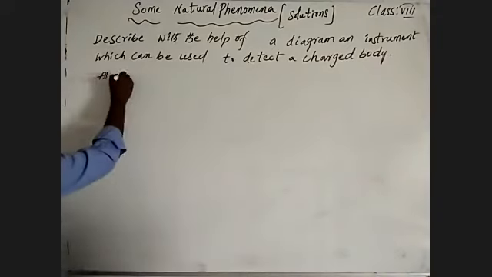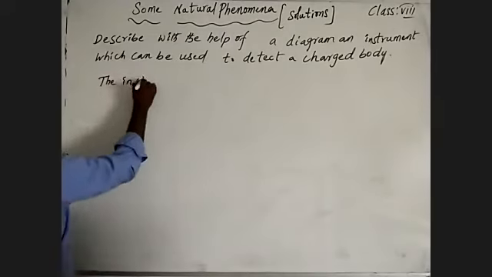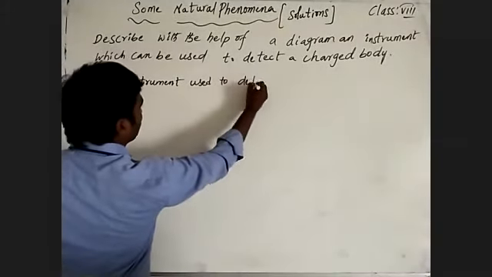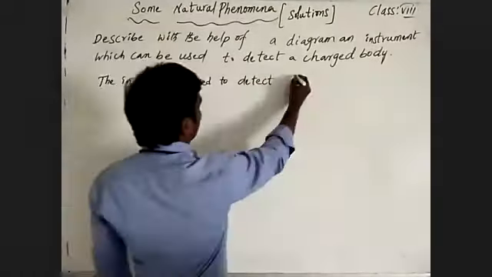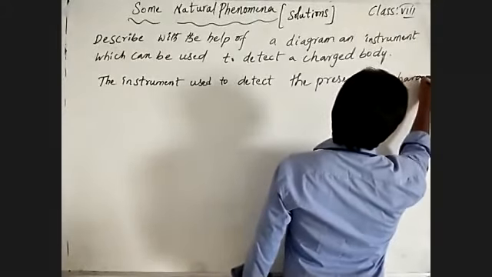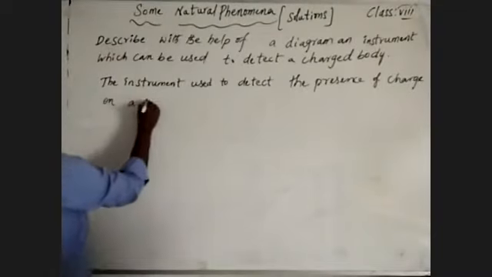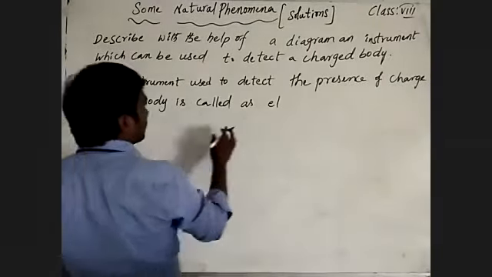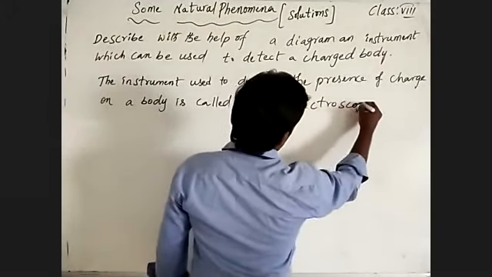The aim, the description you will write: the instrument used to detect the presence of charge on a body is called an electroscope.